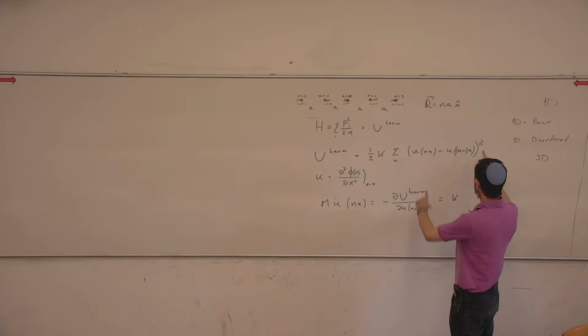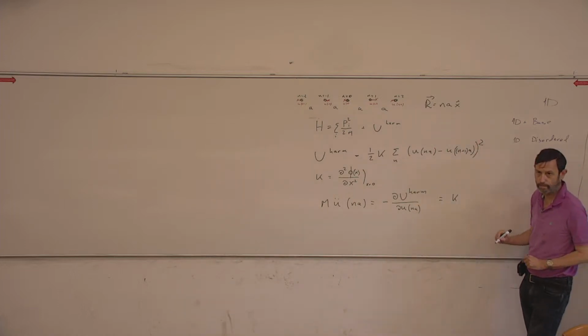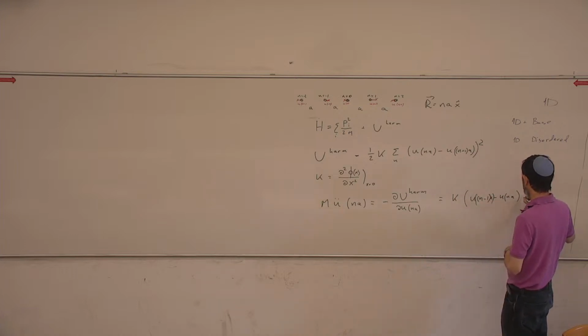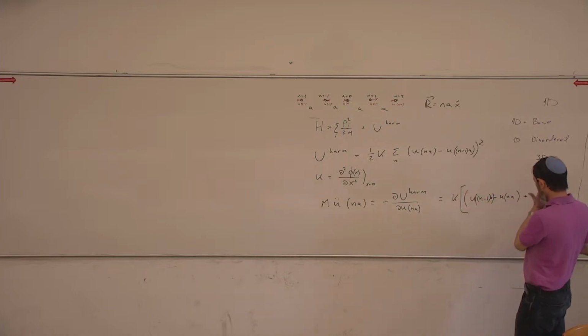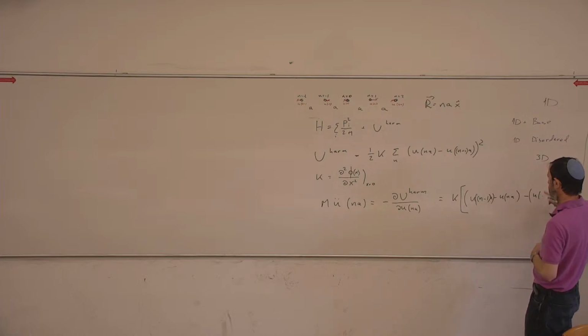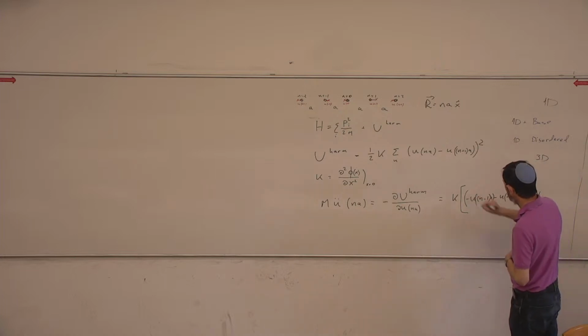So I get k derivative here, the 2 cancels. Minus.